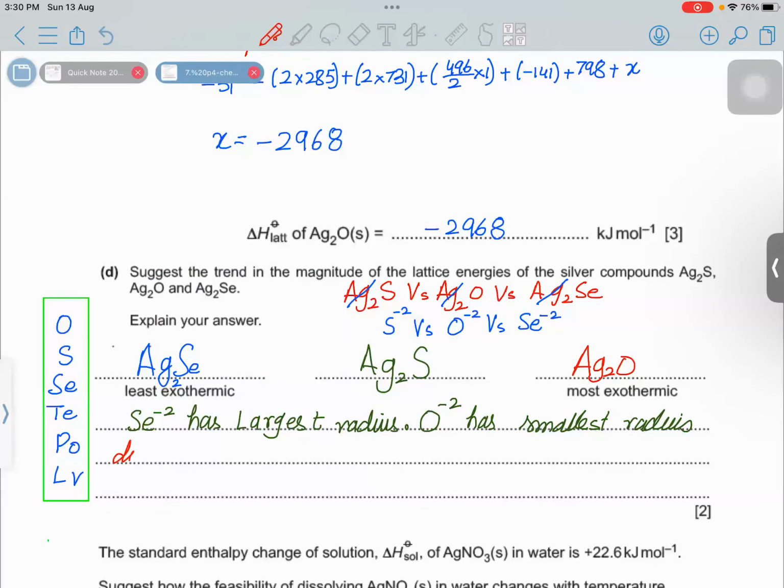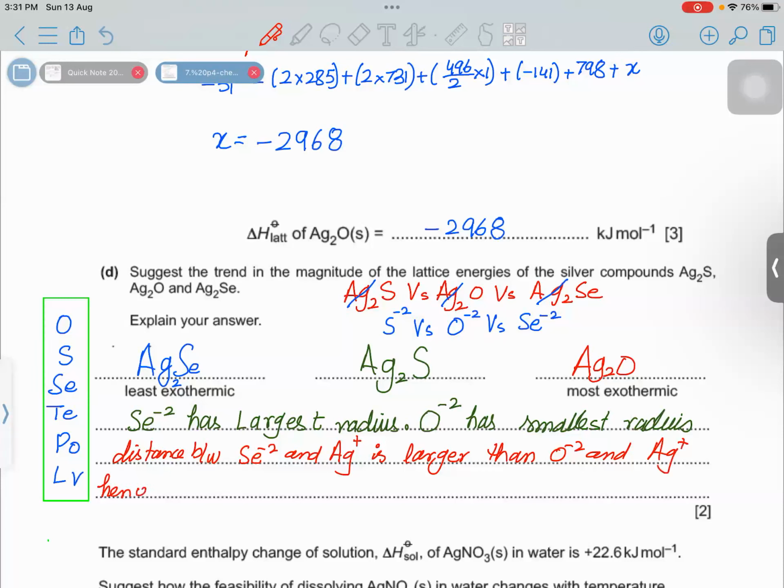So the distance between selenium minus 2 and silver plus is larger than between O minus 2 and silver.